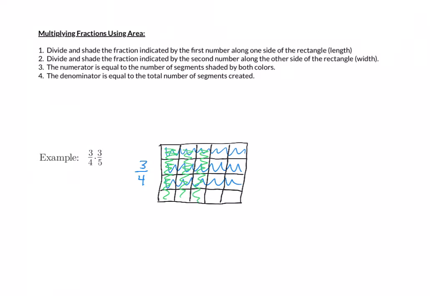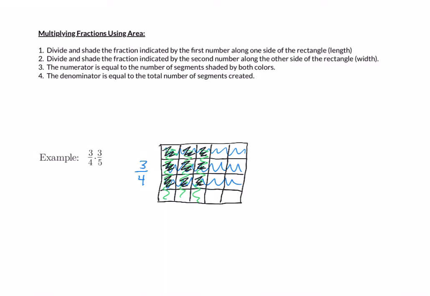So now I want to know what is shaded by both colors. The ones that I am coloring over in black are shaded by both the blue and the green.